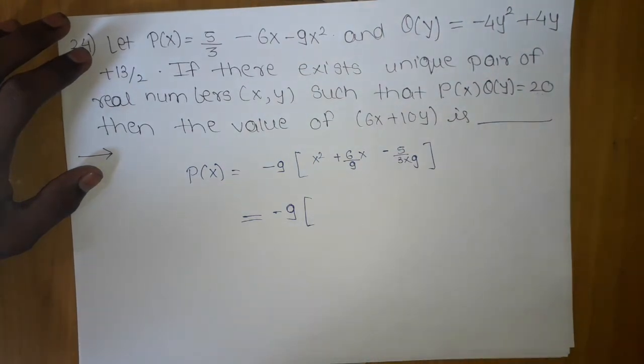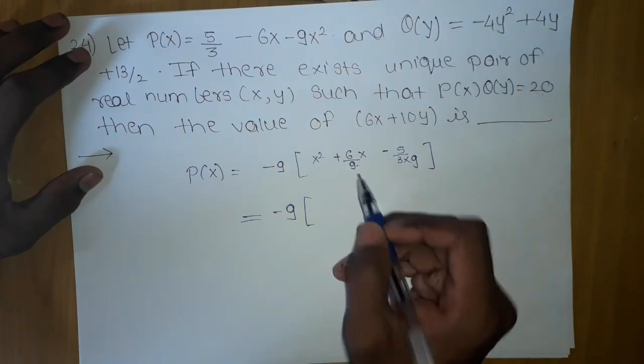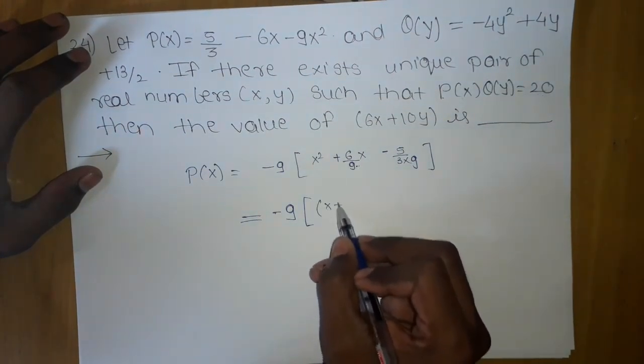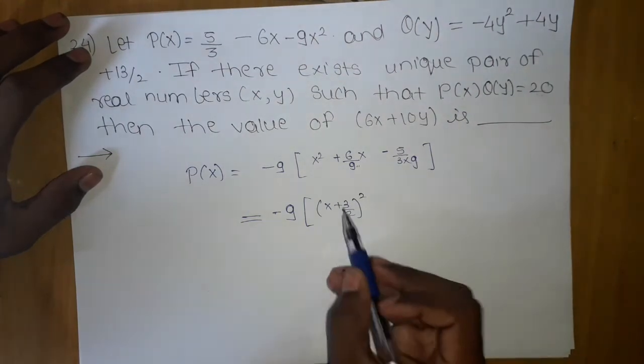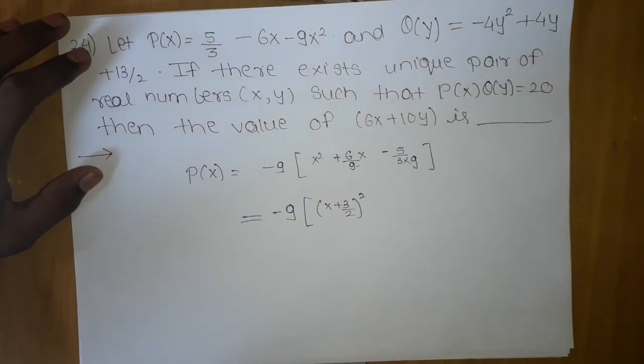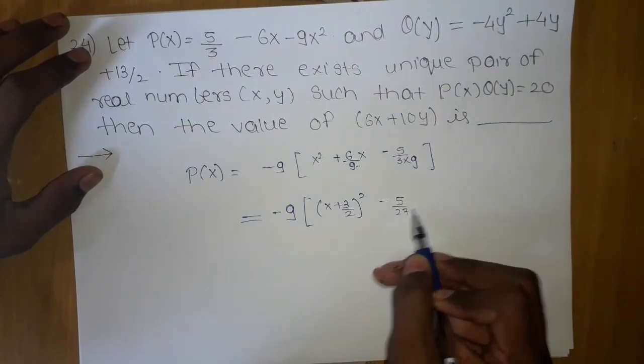Now the second step to make a perfect square is to divide this by 2. Divide this by 2, what you get? 3 by 9. Now x plus 3 by 9, just put this value in the whole square. Now take its square and add it with negative sign here.